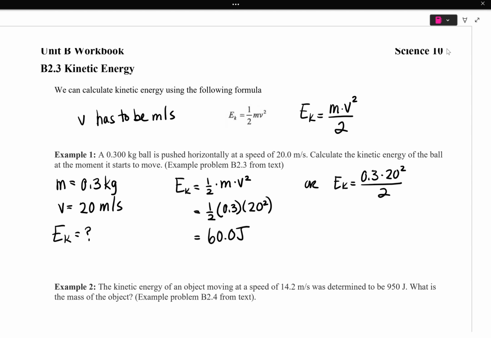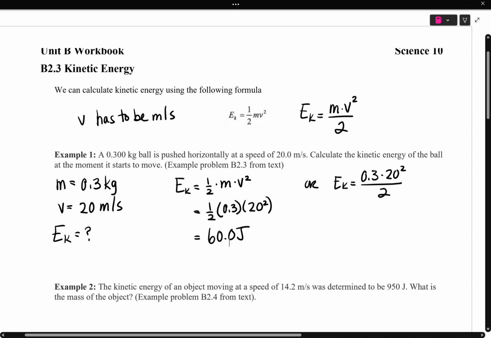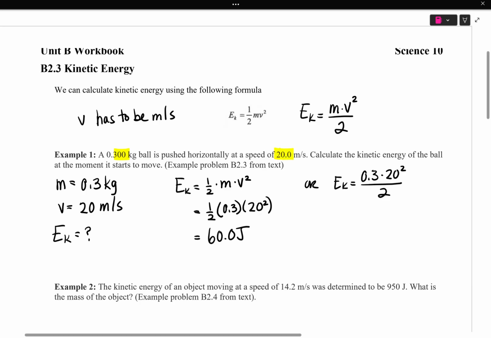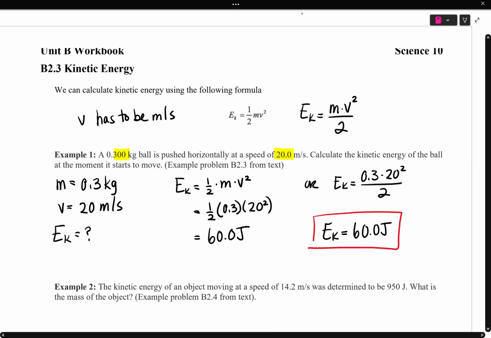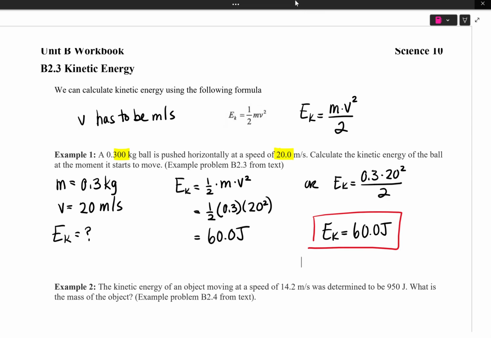We're going to go to 3 significant digits because we have 3 here and 3 here. So your final answer would be the kinetic energy of the ball is 60.0 joules. And when we talk about energy, we're talking about a scalar quantity, so there is no direction.